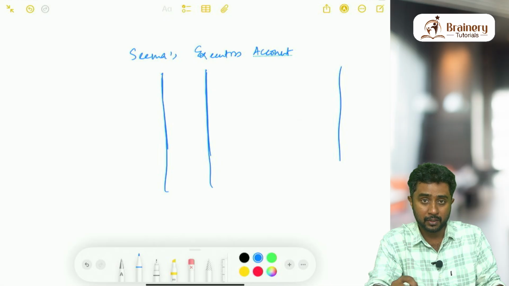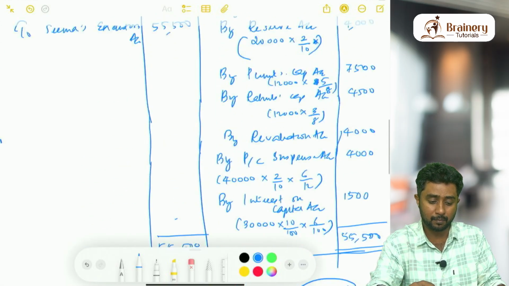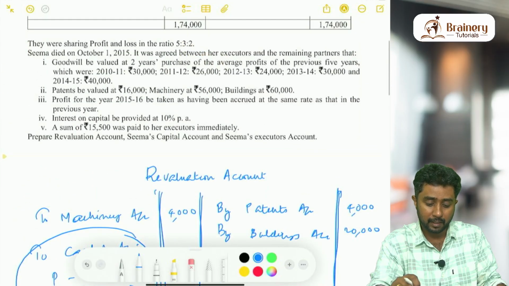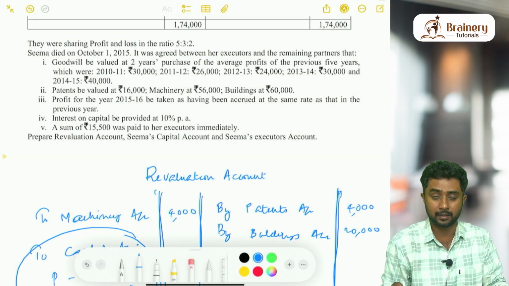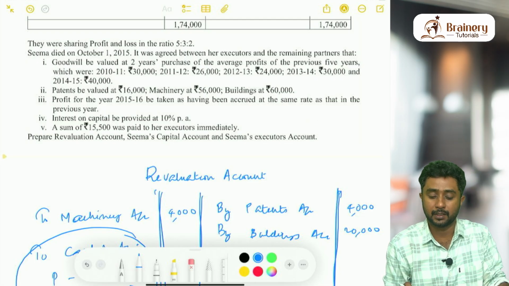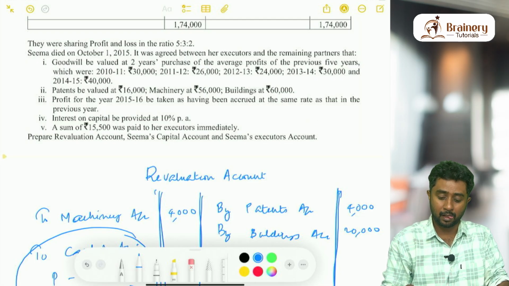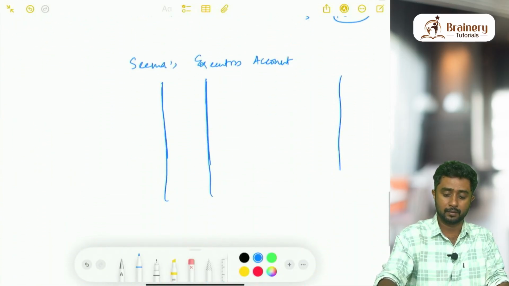That is how we used to do it, preparing the executors account on an installment basis. Here the question is silent about the payment that we are making to the executors, because only a sum of 15,500 paid to the executors immediately is given. What about the rest of the amount? The question is silent regarding that payment. So how should we do it? That is one of the reasons why we are doing this question.